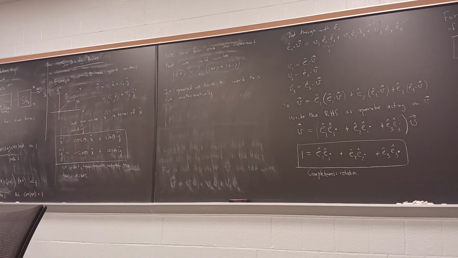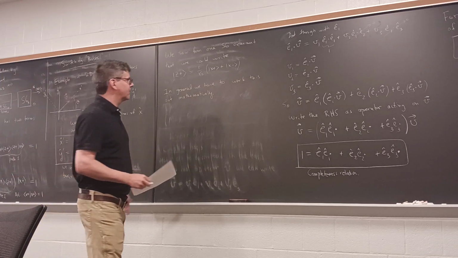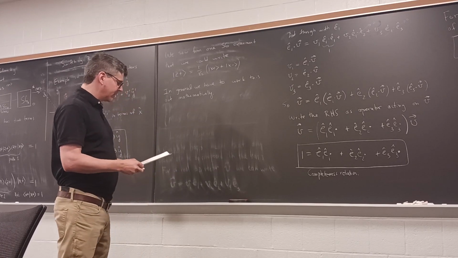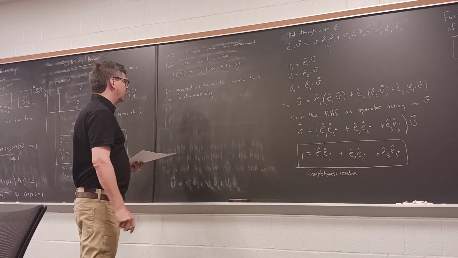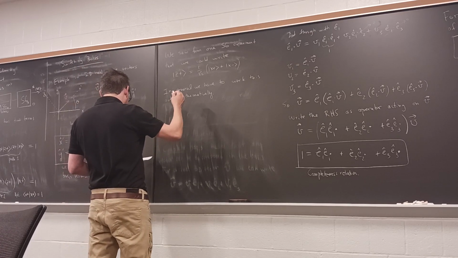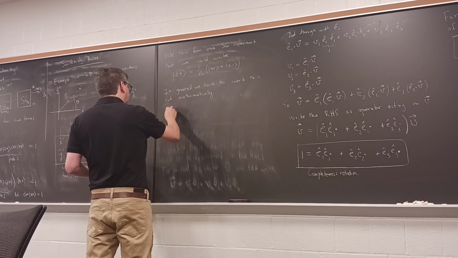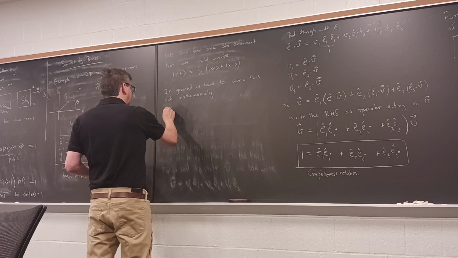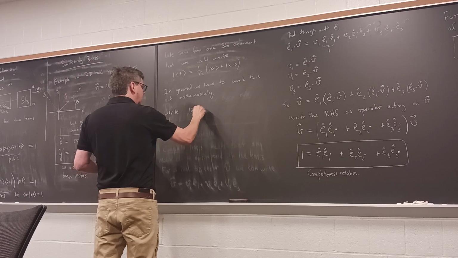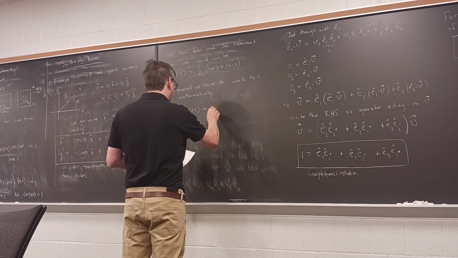Now we have some freedom, of course, in picking coordinate systems like we normally do. So there are some conventions, and we'll follow the standard conventions when we do this. So let's see if we can write in general terms here.